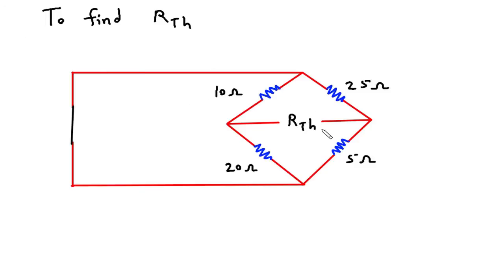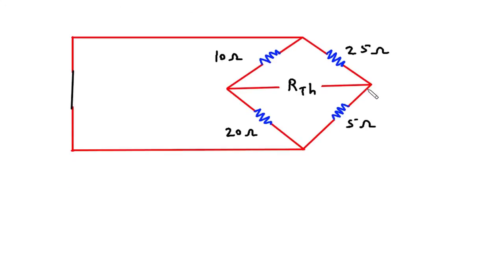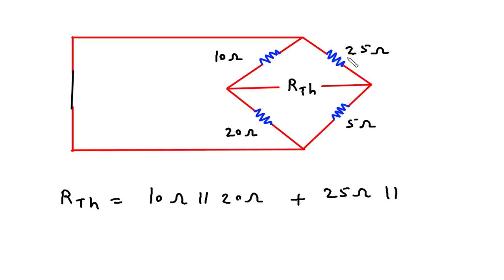Now as we can see, RTH is equal to this 10 ohm in parallel with this 20 ohm, plus it is in series with 25 ohm parallel with 5 ohm.